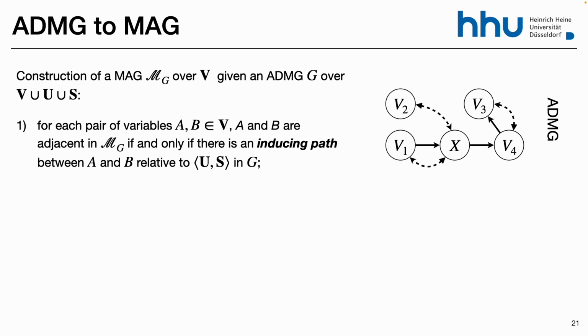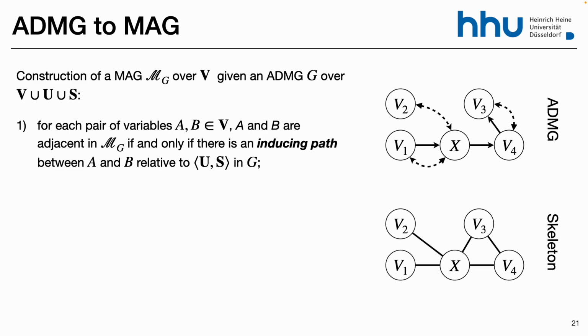So imagine this is our ADMG, then the skeleton is going to be this one. The skeleton is just the undirected version of the graph. The interesting case is X, V4, and V3.